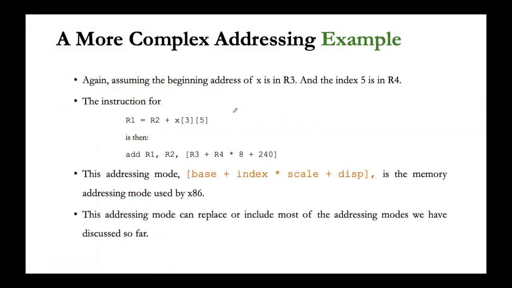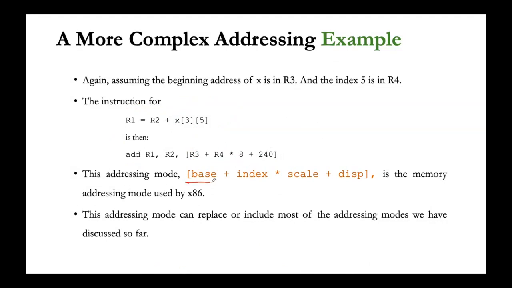To write the instruction for this element, it uses the addition operation. Destination will be R1, source one is R2, but we focus on this double, the two-dimensional array. In a two-dimensional array, it first consists of the base address, that is X, and then the index part, the index address stored in R4 with the 8 bytes scale, and then the displacement, the location of the operand.